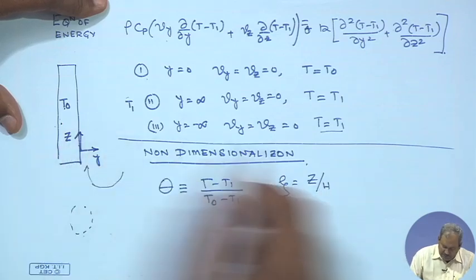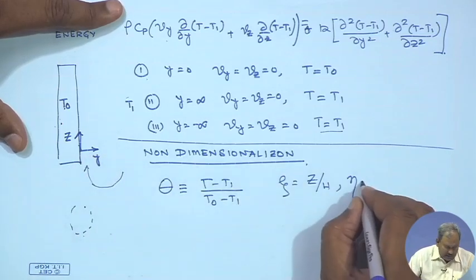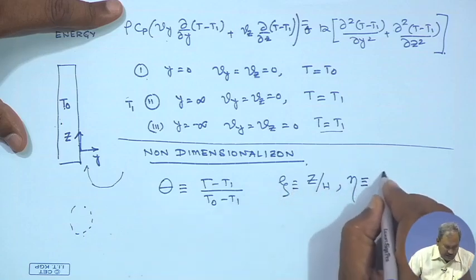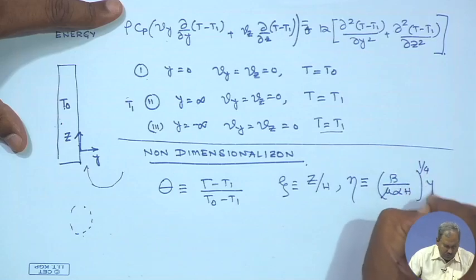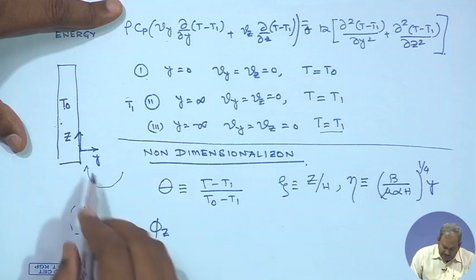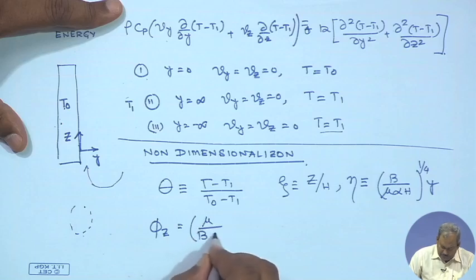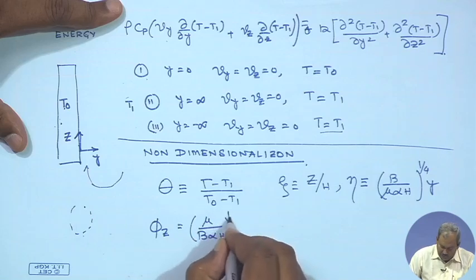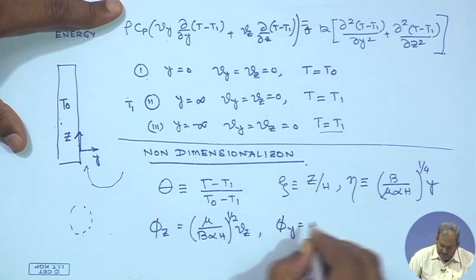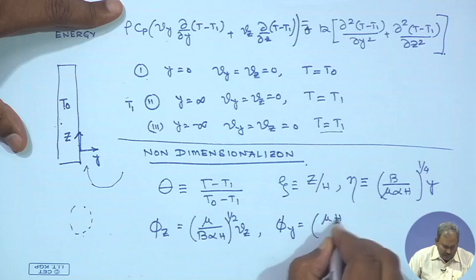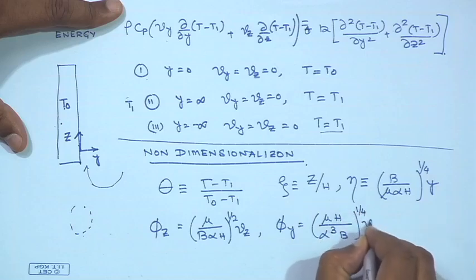So, this is the dimensionless Z component, and eta is the dimensionless Y, which is defined as (B by mu alpha H) to the power 1/4 times Y. The phi Z, the dimensionless velocity in the Z direction, is (mu by B alpha H) to the power half times V Z, and phi Y is the dimensionless Y velocity, which is defined as (mu H by alpha cube B) to the power 1/4 into V y.